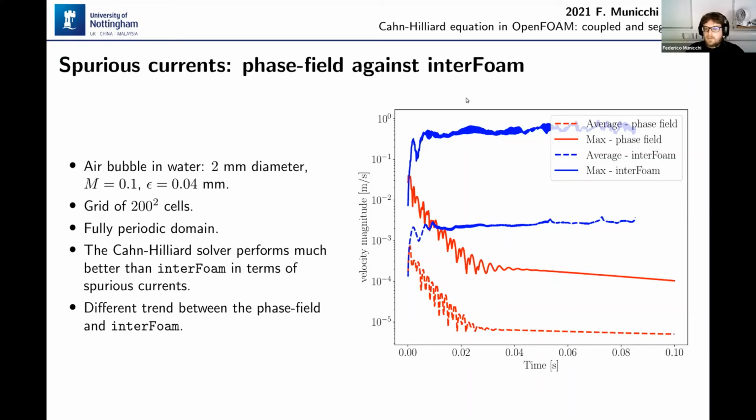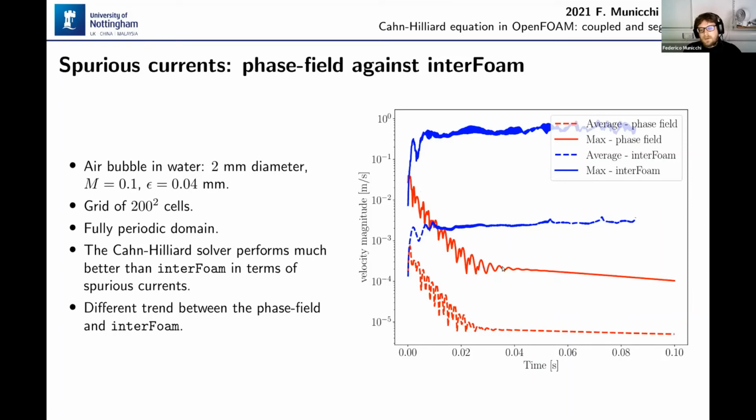It's a huge difference, and the trend is also different. This is because at the very beginning, the field that I imposed for the phase field is not really the real final solution. So at the beginning, the bubble has to adjust itself to balance and to minimize the surface energy.